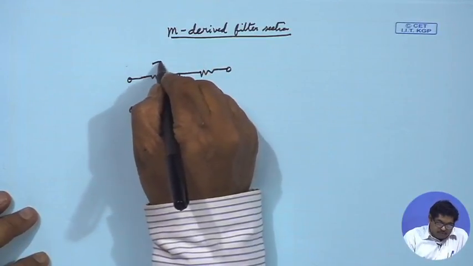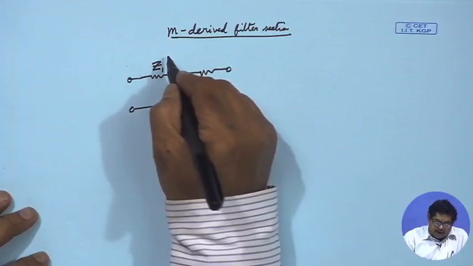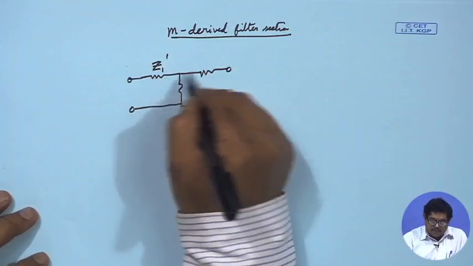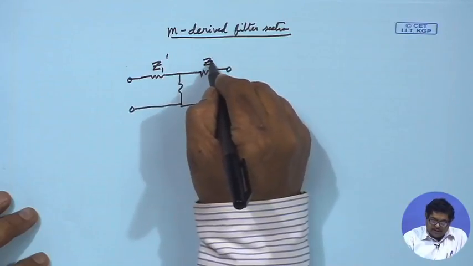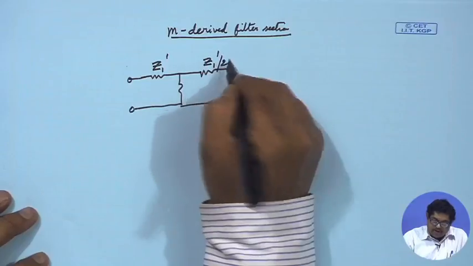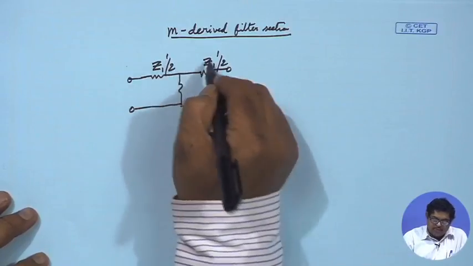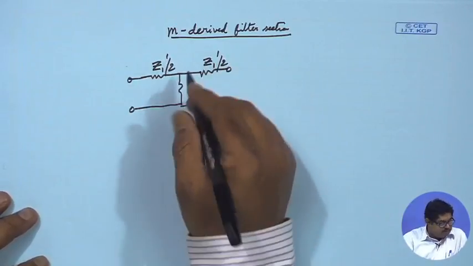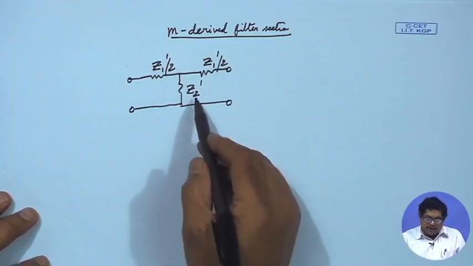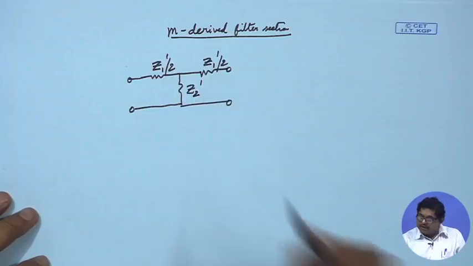So, I call the new series impedance Z1 dash by 2. I am using dashed or primed quantities to represent this, and this I call Z2 dashed. So, this is m-derived.